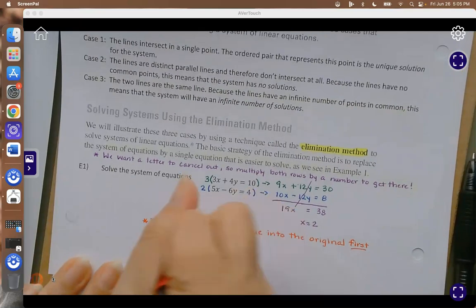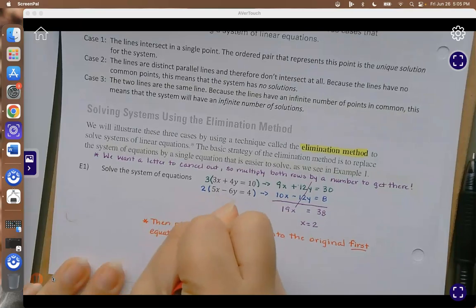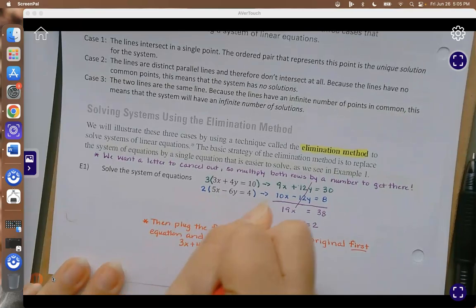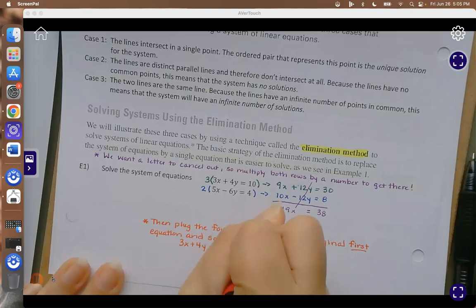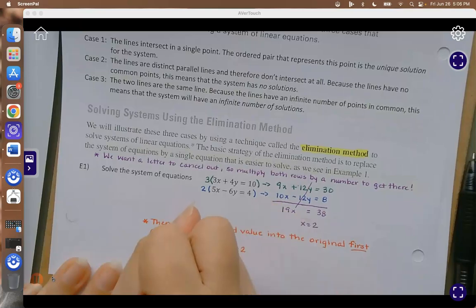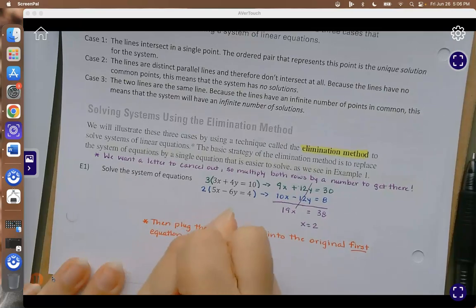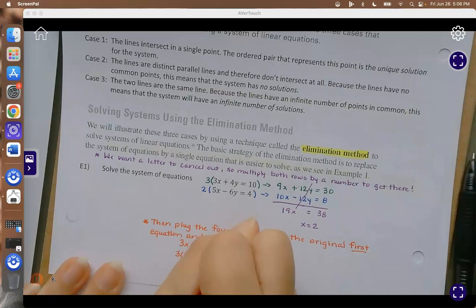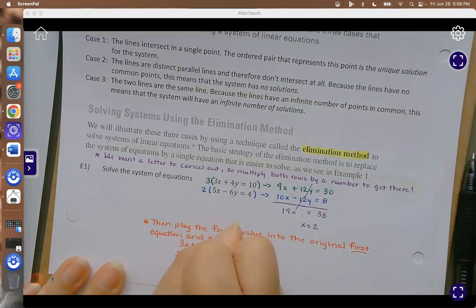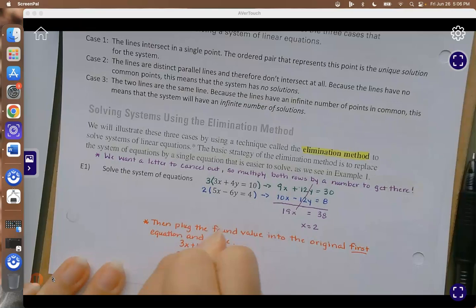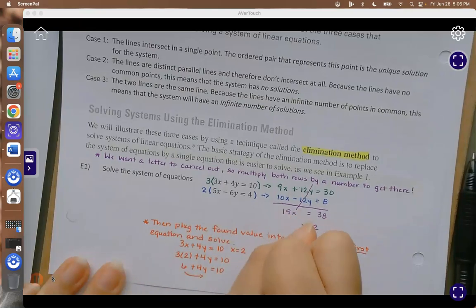Okay, so our first equation is 3x plus 4y equals 10. And the number we found was x equals 2. So we're going to plug the 2 in for x. That gives me 6 plus 4y equals 10. And move this over, so we have 4y equals 4.